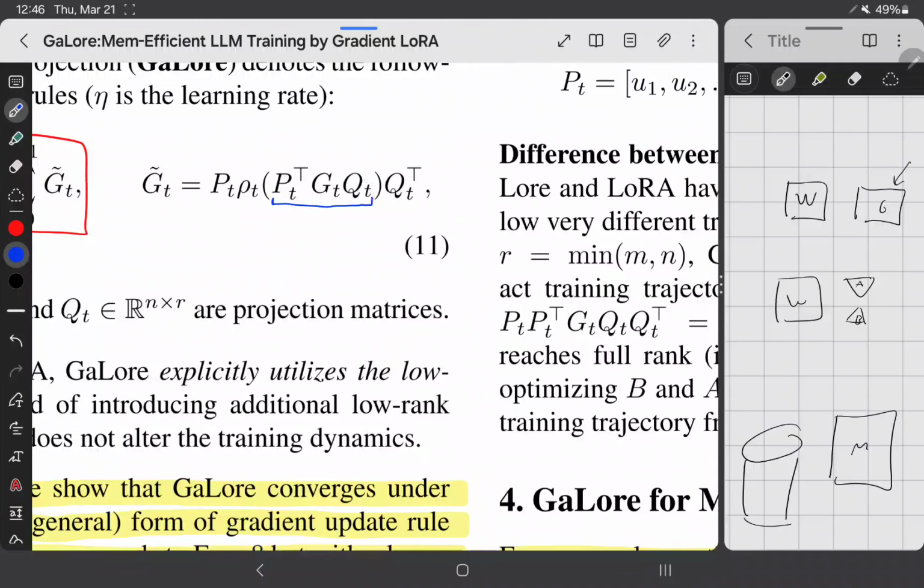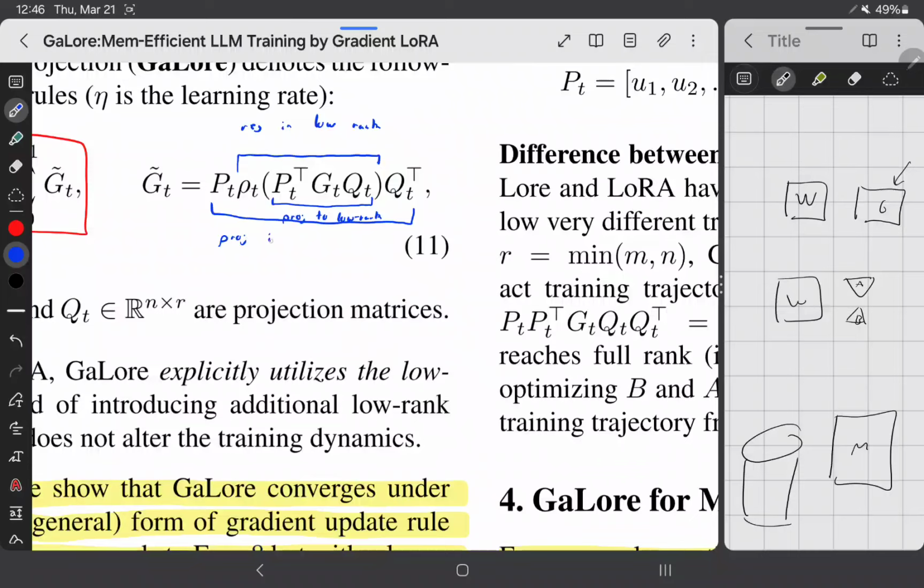You have this inner part here. This basically projects it from a full rank to low rank. So this is a projection to low rank. And then you have your regularizer here. So this is so you regularize in low rank. So regularize in low rank, and then you project back up into your full rank.